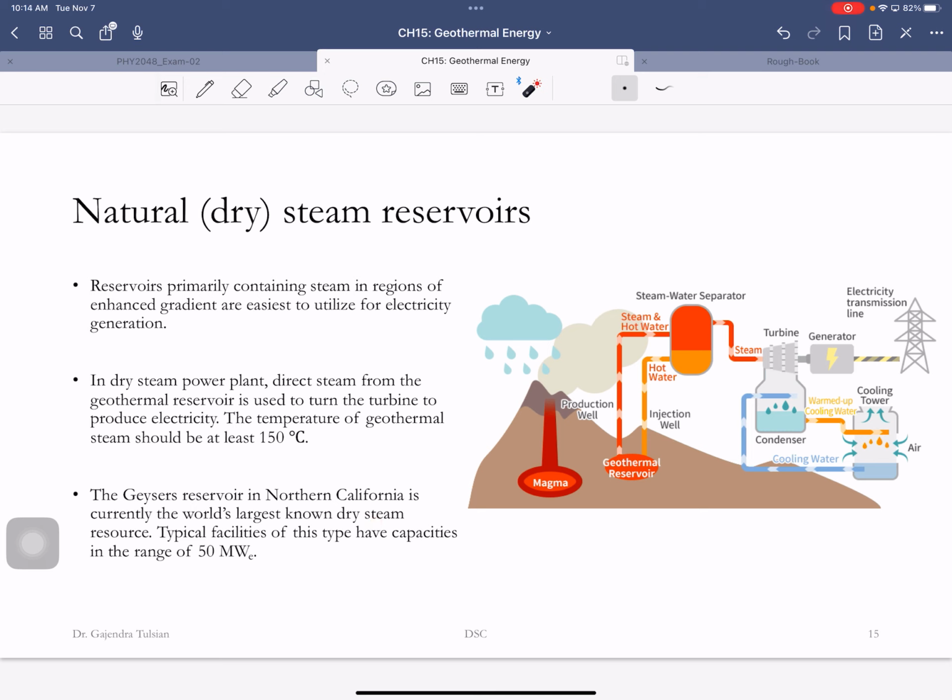Typical facilities of this type have capacities of 50 megawatts of electricity. That's what that subscript is. Is this a lot? A large windmill will produce 15 megawatts. This is 3 windmills. You can put up 3 windmills in 6 months.